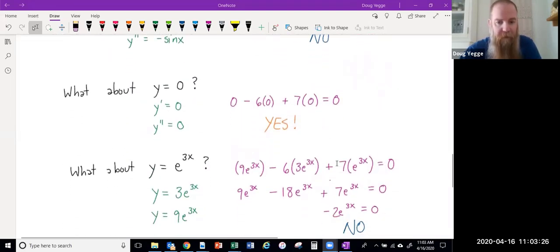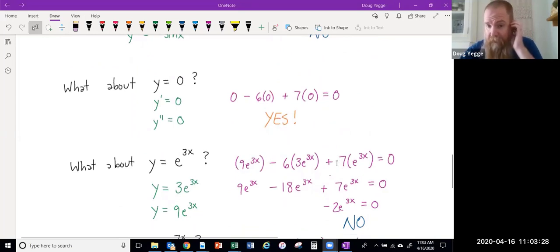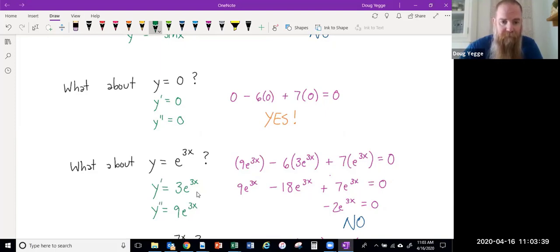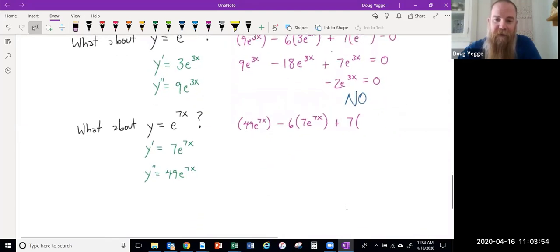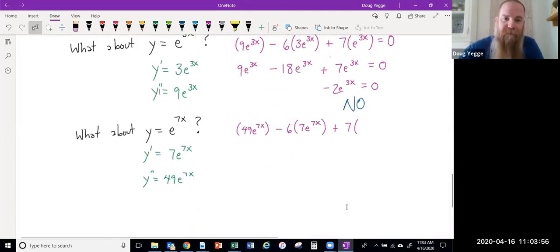We did y equals 0. What about e to the 3x? Well, e to the 3x has a derivative of 3e to the 3x, which has a second derivative of 9e to the 3x. So if I plugged those in appropriately, I got negative 2e to the 3x. Again, not all the terms canceled. And it turns out that e to the 7x doesn't work either.